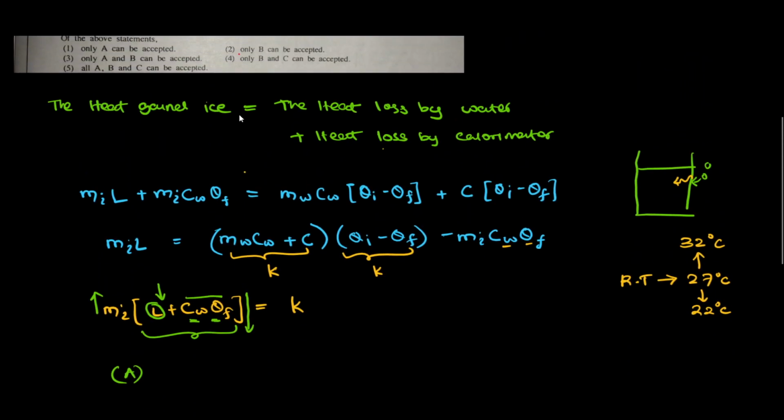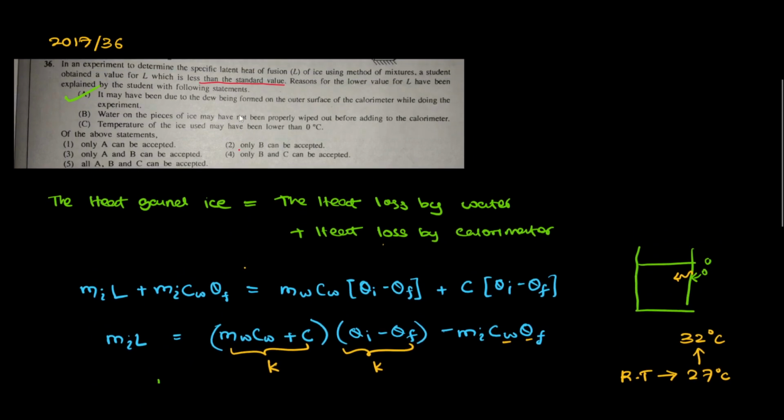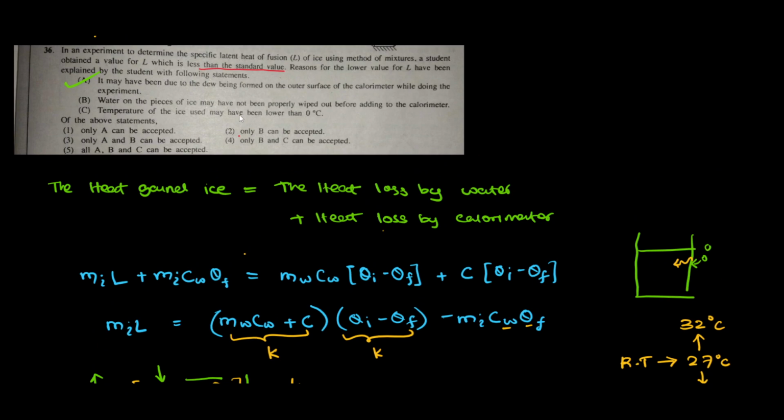How about Mw? Mw is also constant because it is the amount of water before we add. So these are constants. If we do not wipe the water properly, then the amount of ice we have to add increases.